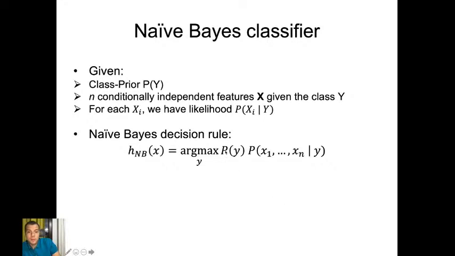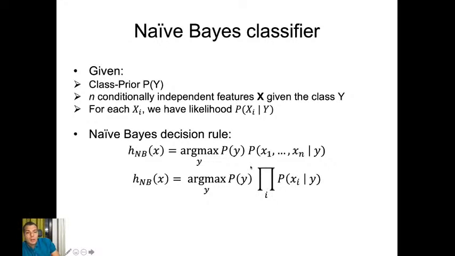So we have the a priori knowledge, the class prior, and also the probability of the current data sample X, which is formed of n variables, given Y. This can be obtained by replacing it, through the independence assumption, with the product of these probabilities. Okay, so this is the naive Bayes classifier.